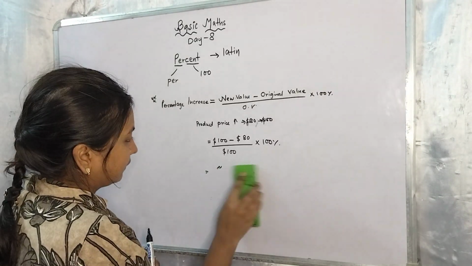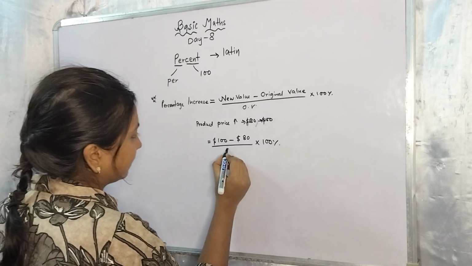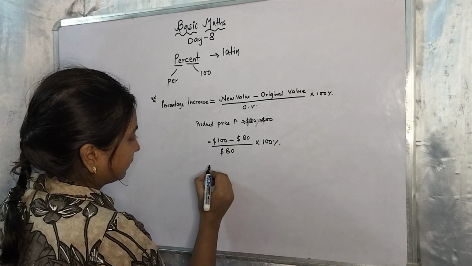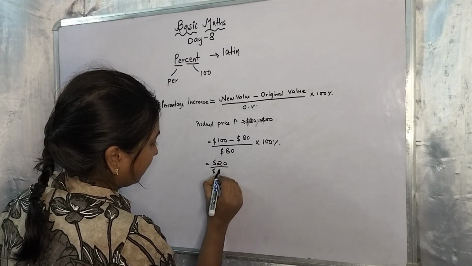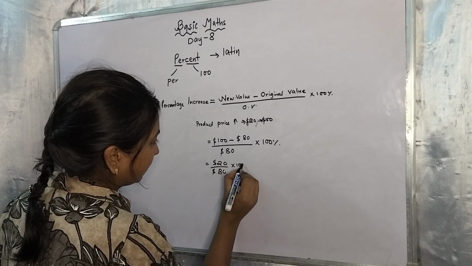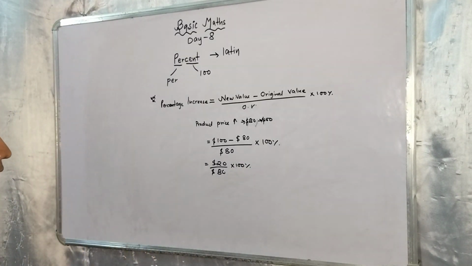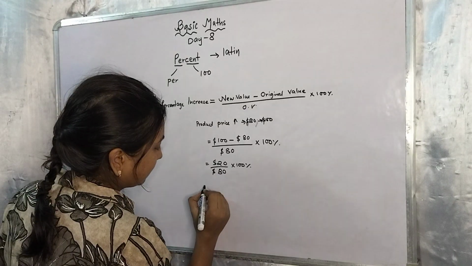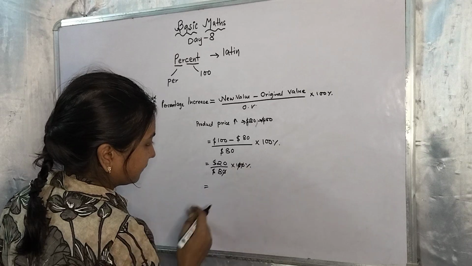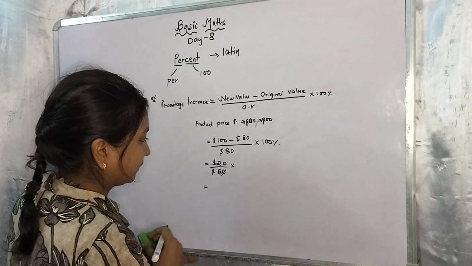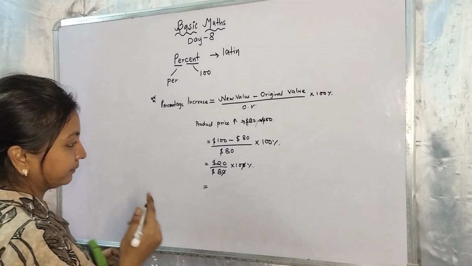Sorry, I am extremely sorry. Our original value was only 80 and not 100. So now we got 20 divided by $80 into 100%. I am extremely sorry, but there was a mistake. Now this zero gets cancelled out.